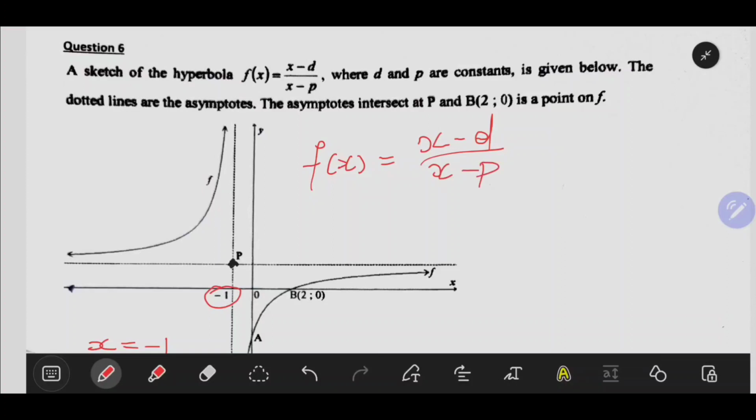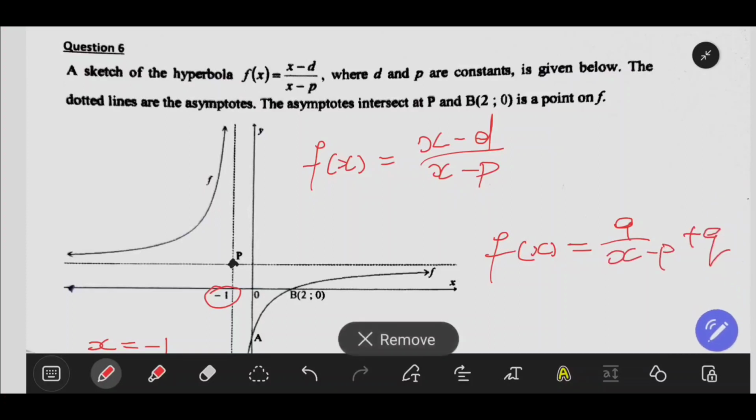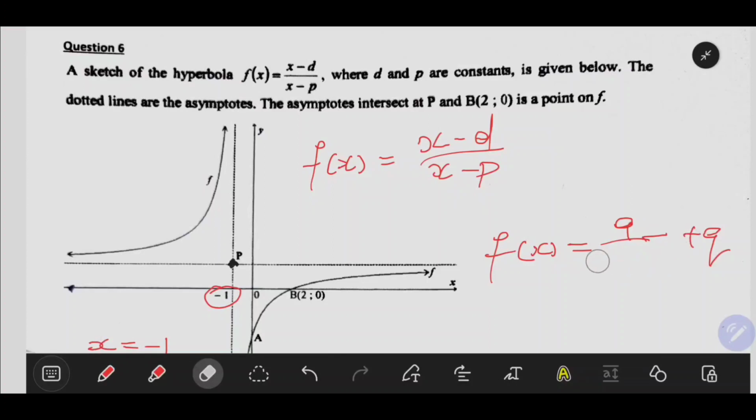Remember, the original, or default one, is a over x minus p plus the value of q, whereby the values of p and q are our asymptotes. Then q is our y asymptote, and p is our x asymptote. So in this case, we already have the value for the x asymptote.